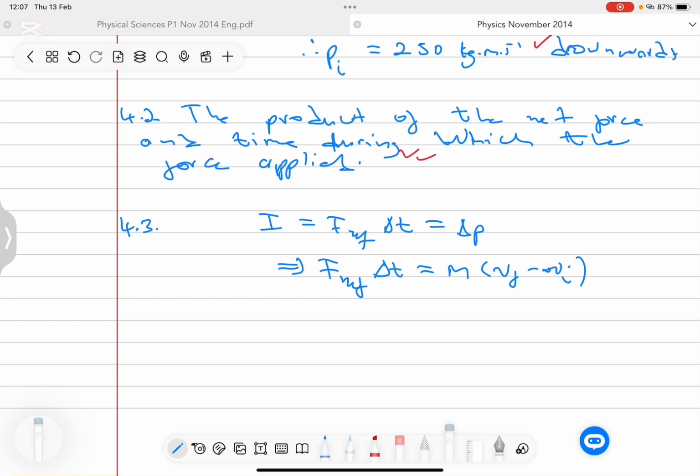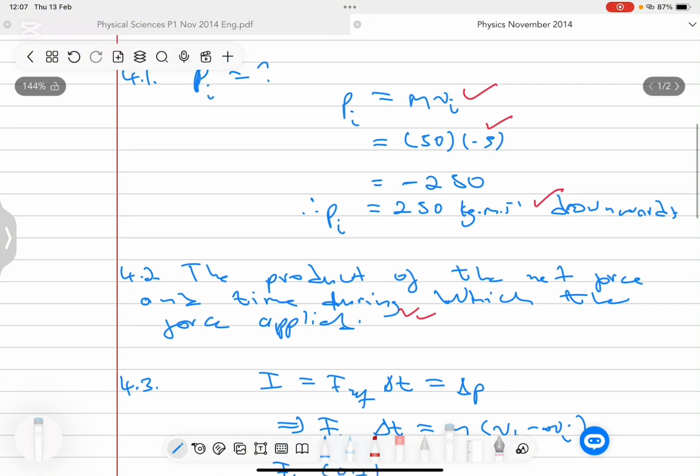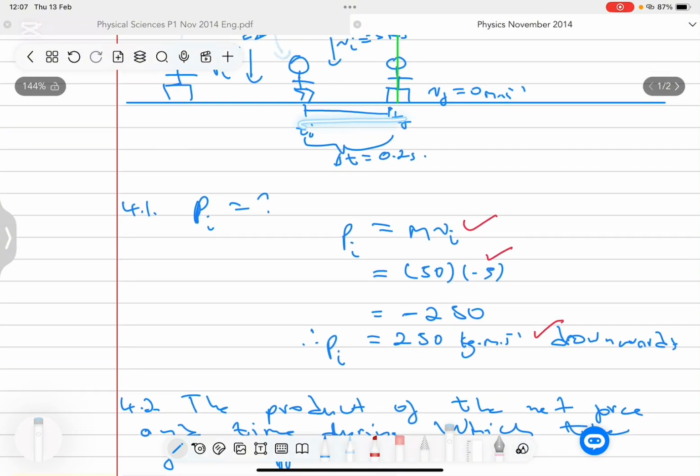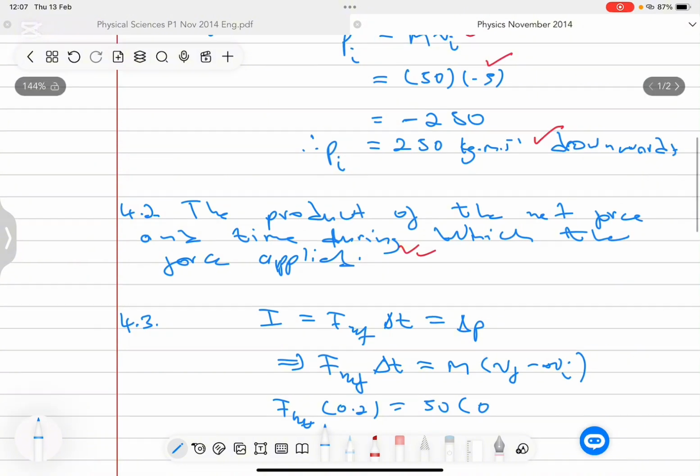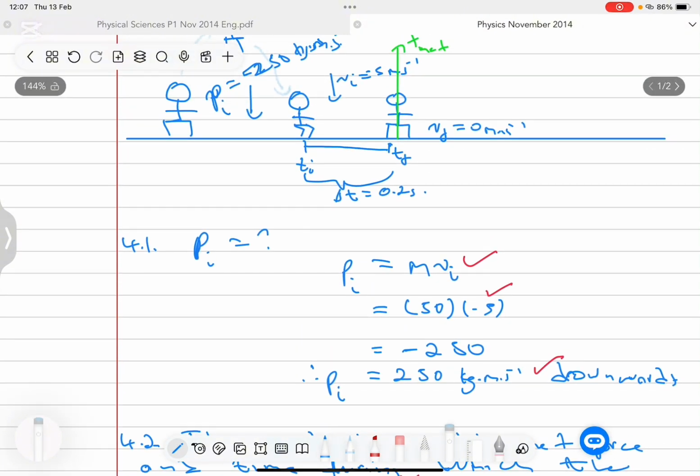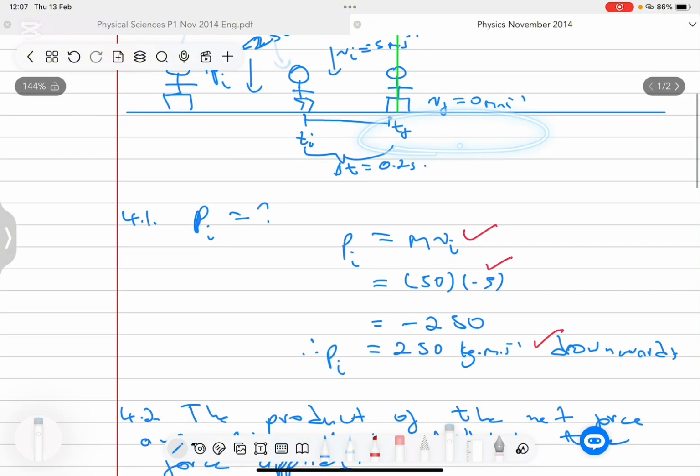Then I have everything here. I can then substitute. This would mean now I'll have the net force times 0.2, because that was the time it takes for the person to completely land here, and this is equal to 50 kg. And then the final velocity, remember, is 0 because this person comes to a complete stop.